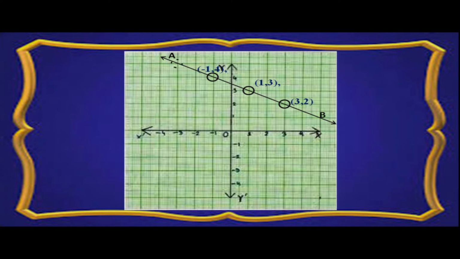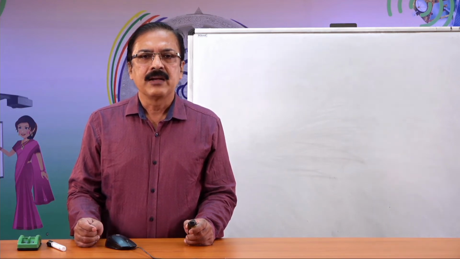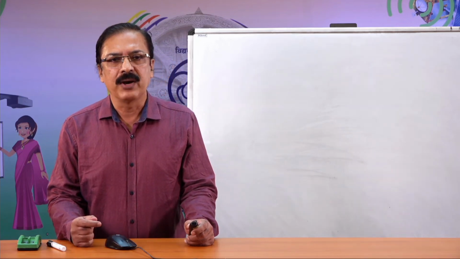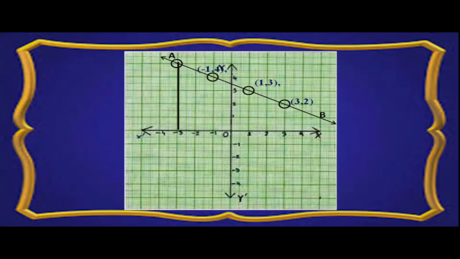Now let's find another point. And what is the coordinate of this point? To find the coordinate of this point, draw a perpendicular line from that point to the x-axis. We can see that it meets the x-axis at minus 3. So its x coordinate is minus 3.